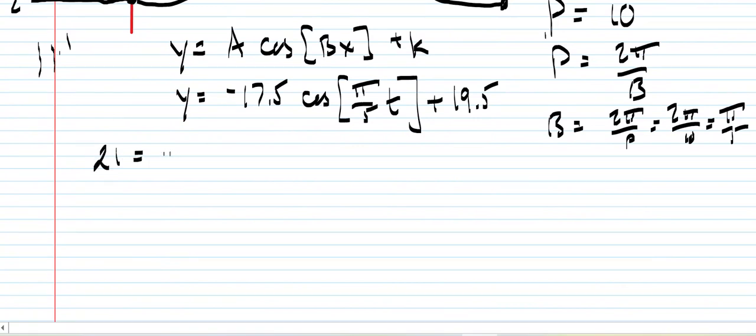21 equals negative 17.5, and I'm going to do a u substitution here, the cosine of u plus 19.5.